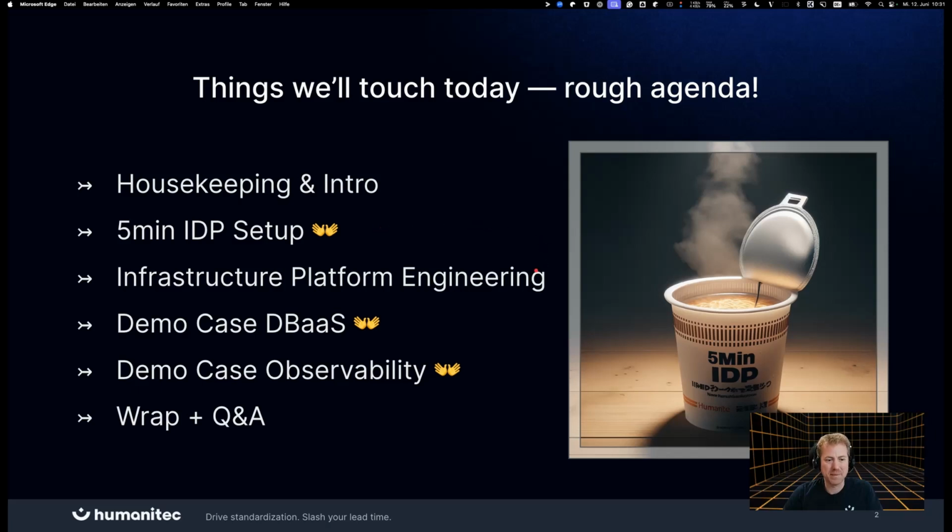Then infrastructure platform engineering: let's talk about what that is and the first set of best practices. Then we'll cover 2 more demo cases, DB as a service and observability. And then we'll see what conclusions we can draw and try to rewalk the Q&A as well as I can from memory. So here we go.